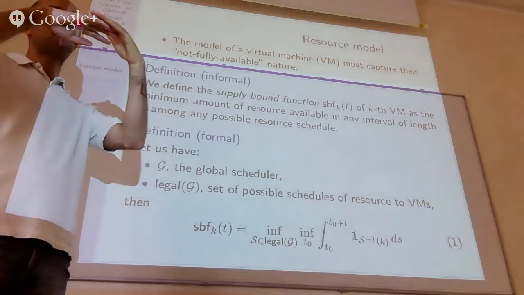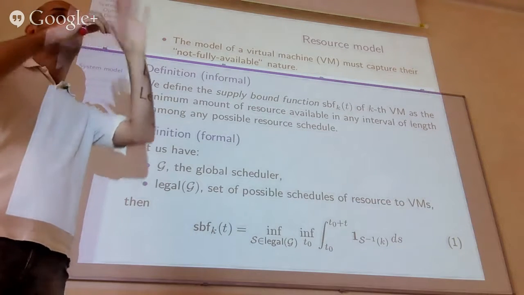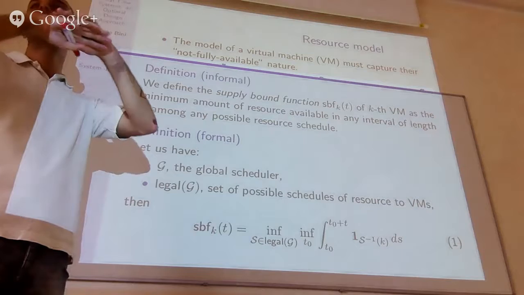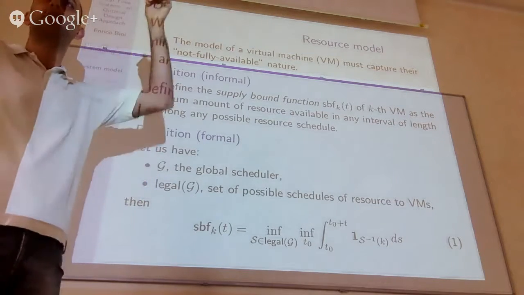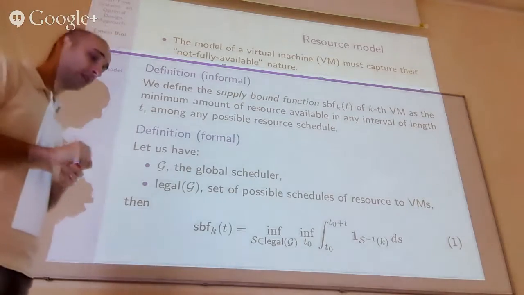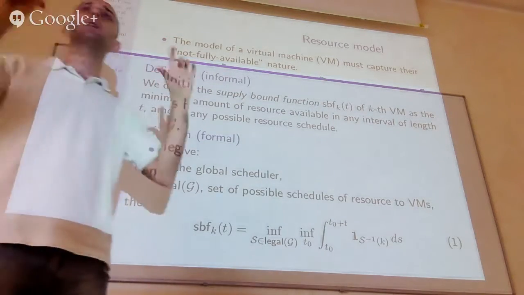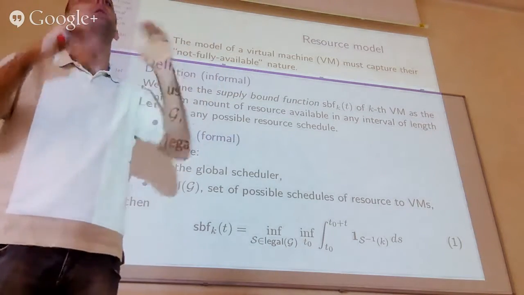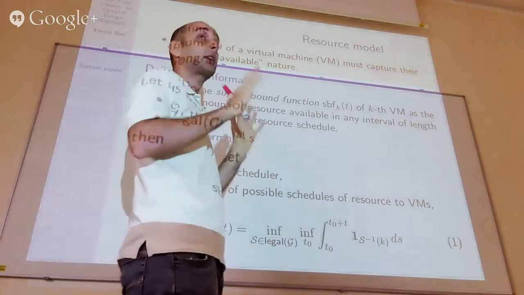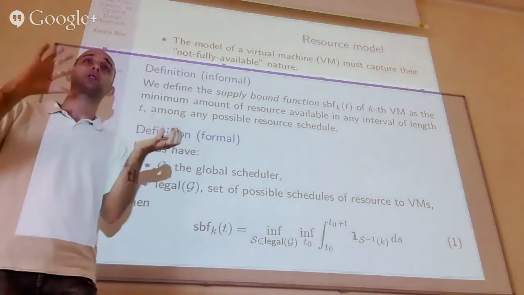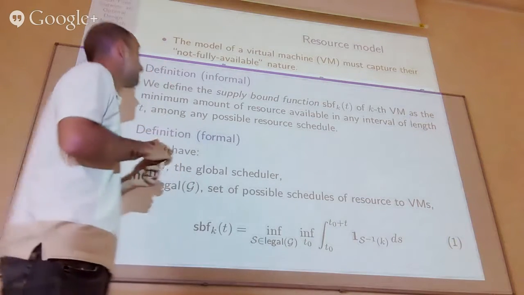So far the task set could consume the entire resource available because the processor was entirely available to the application. Now the processor is not entirely available. It's partially available. So this model of virtual machine must capture this partial availability, okay?